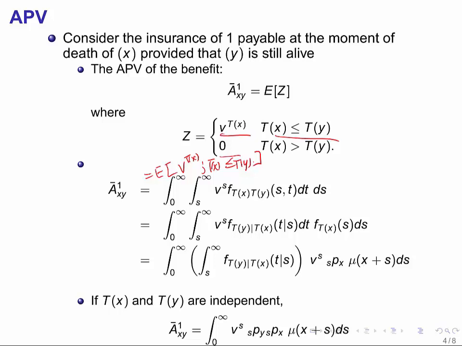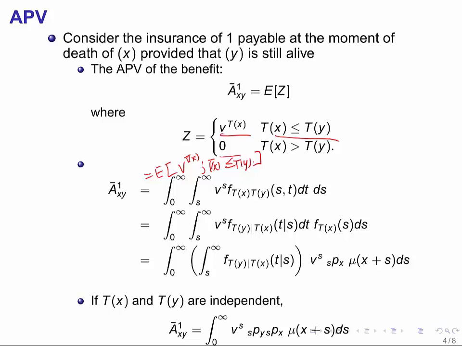And because s can be anything between 0 and infinity, we can integrate over all the s together, from 0 to infinity. If capital T_X dies at time s, now capital T_X must be the first death. So at time s, capital T_Y is still alive. So we are only integrating over capital T_Y from s to infinity.